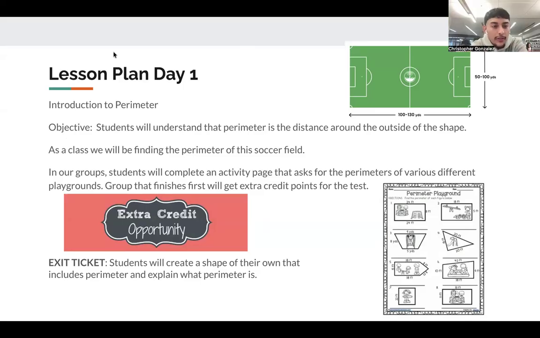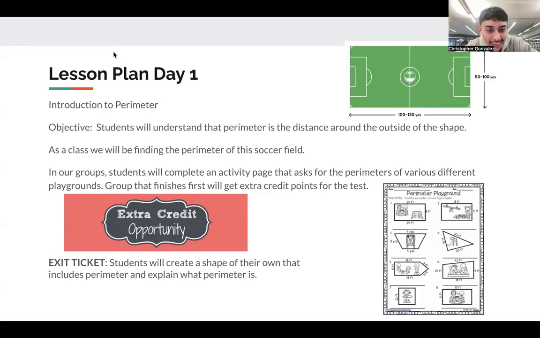Okay, so now we will be going over a 3-day lesson plan, starting with lesson plan day 1. For the first day, we'll be doing introduction of perimeter. The objective will be students will understand that perimeter is the distance around the outside of the shape. As a class, we will be finding the perimeter of the soccer field. The soccer field that we'll be using as demonstration is going to be the picture on the top right.